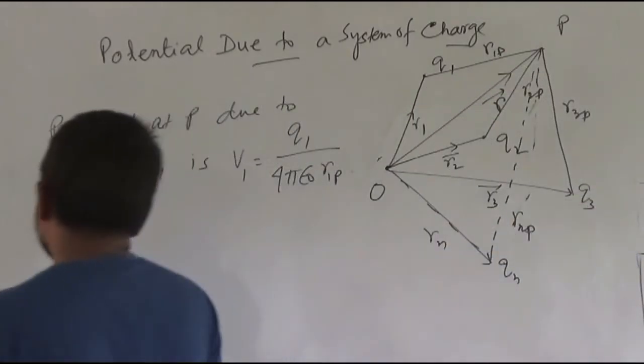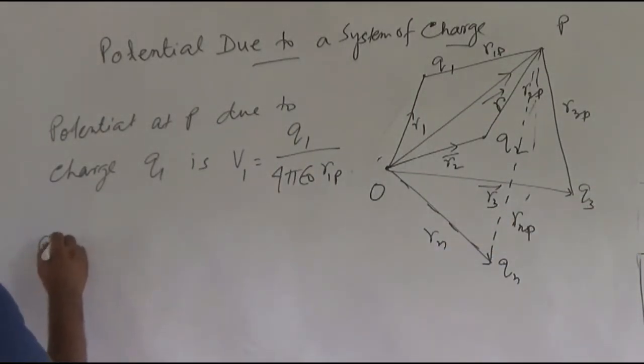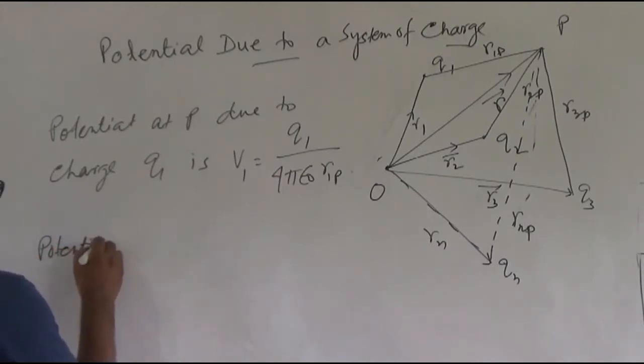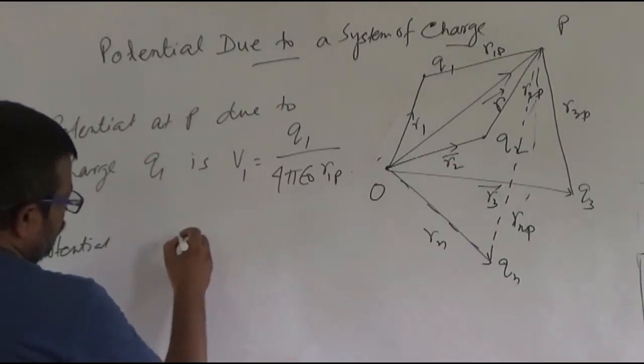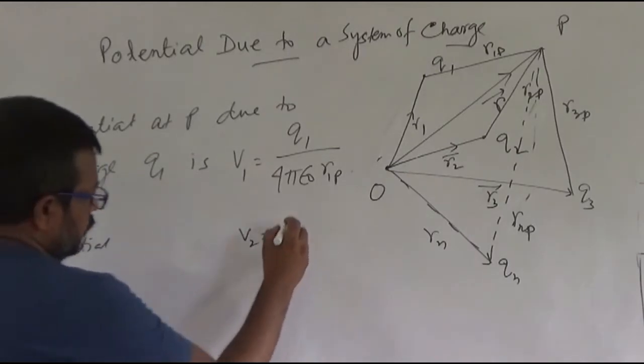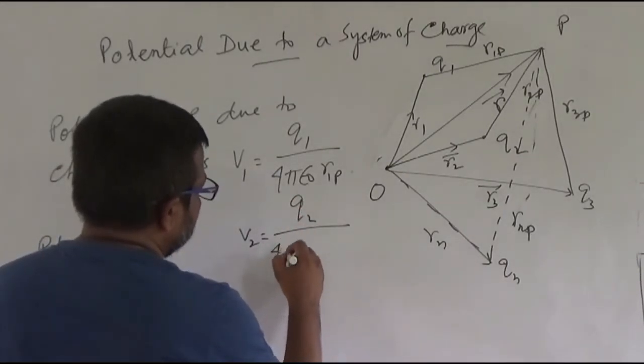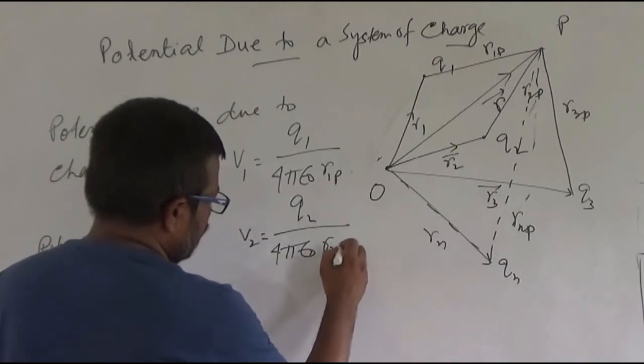Similarly, potential at P due to charge Q2 is V2 equals Q2 divided by 4 pi epsilon naught R2P.